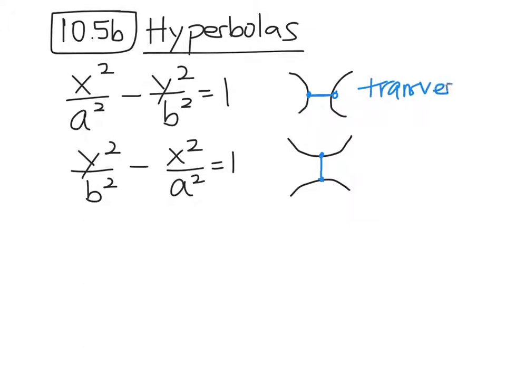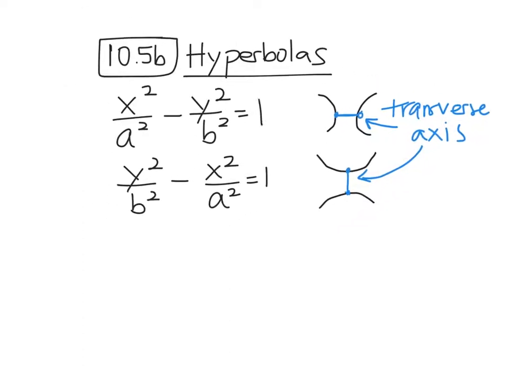Basically it's just the length or distance between the vertices, from one vertex to the other. It goes side to side when your hyperbola opens side to side, and it's vertical when the hyperbola opens up and down.